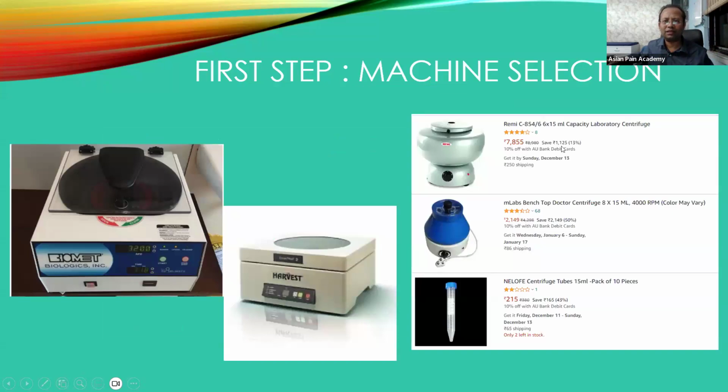First, you go for machine selection. You can buy a cheaper one, you can buy a very costly one also. The costly one has some advantages. It is stable during rotation, whereas the cheaper one can break the vials if you increase the speed, and sometimes the speed is not what they claim. Some are temperature controlled, some are not.